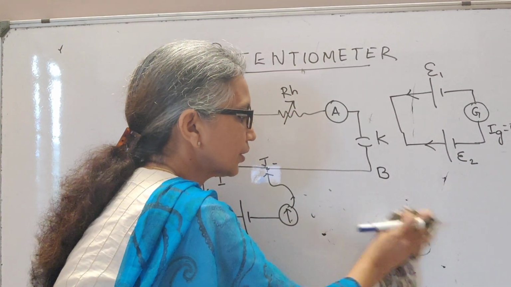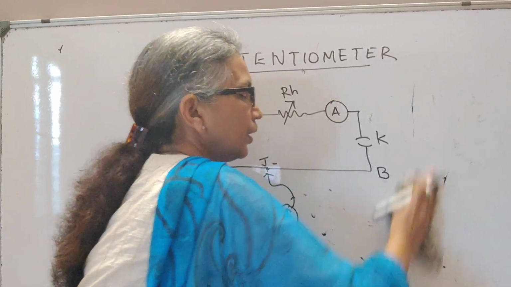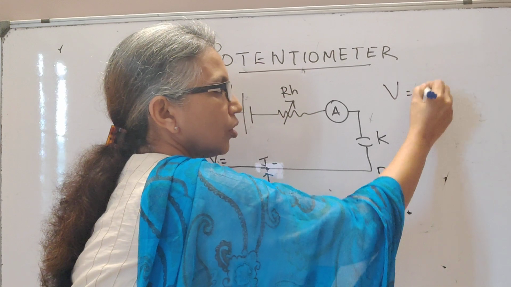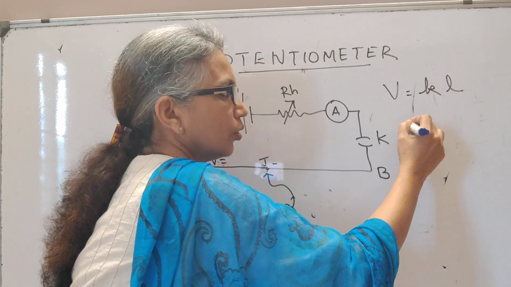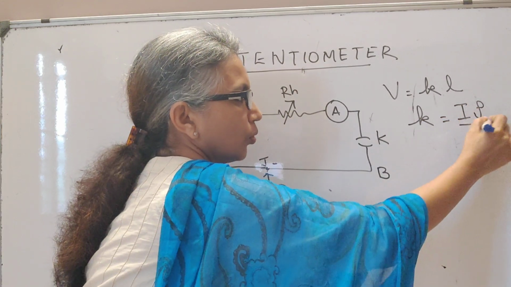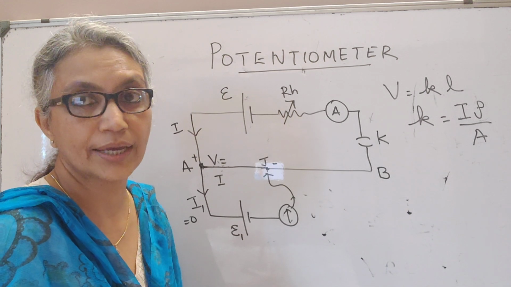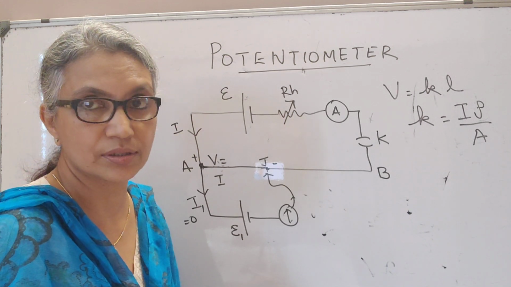Now here we said V proportional to L. So that means V should be equal to some constant K into L, where you will see that this constant K is I rho by A. So resistivity, area of cross section and current through the wire should be constant.